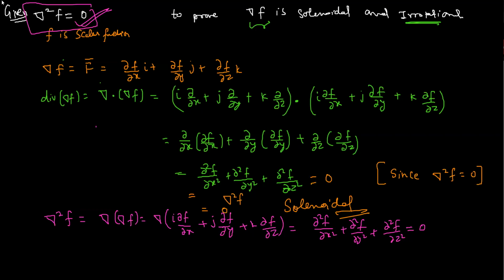Now I tell you one new concept. This is called scalar potential. Suppose I give you any scalar function, can you make this into a vector function? How? Find the gradient.